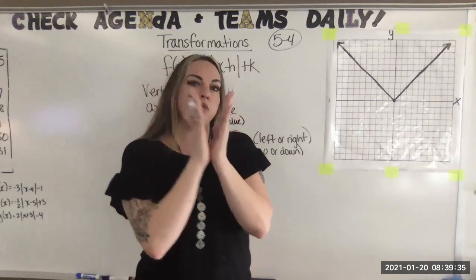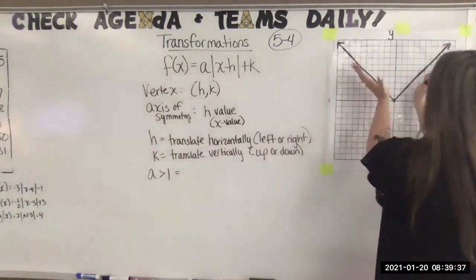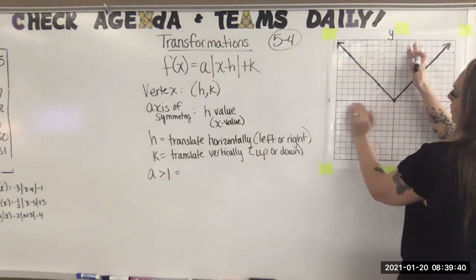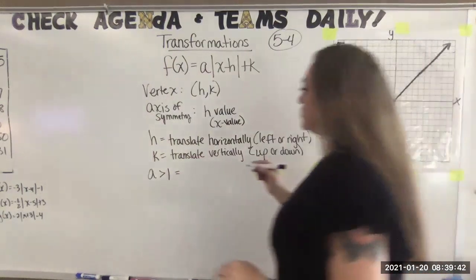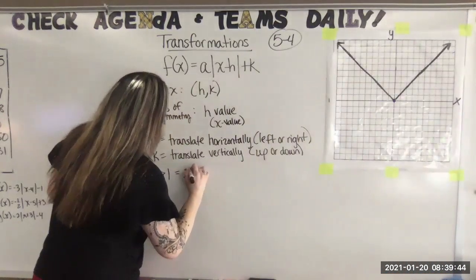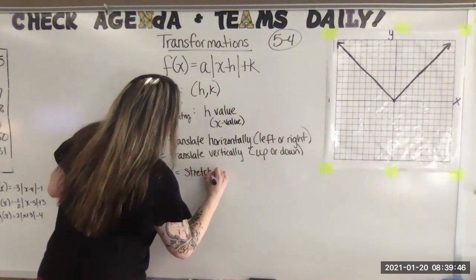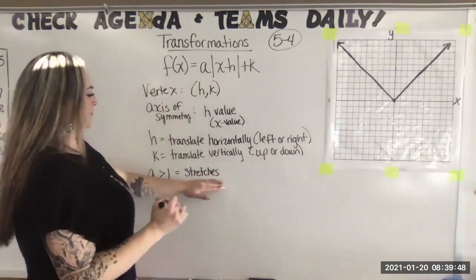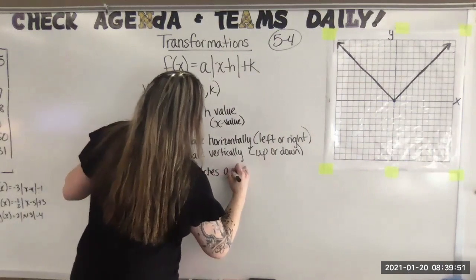And if it's making it more narrow, it is stretching farther away from the x-axis. This is called a stretch. So this stretches away from the x-axis.